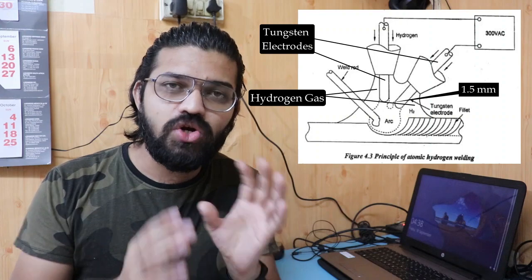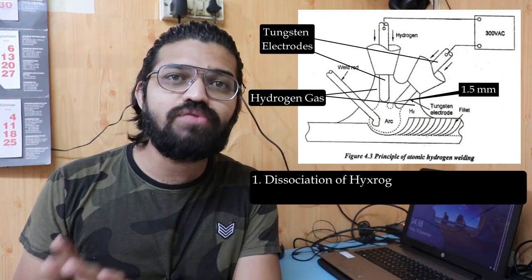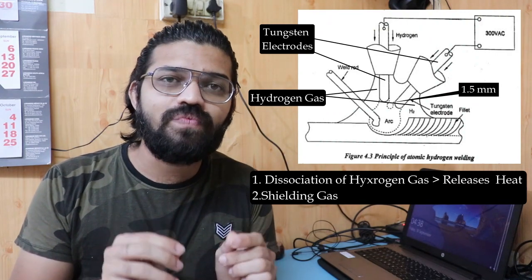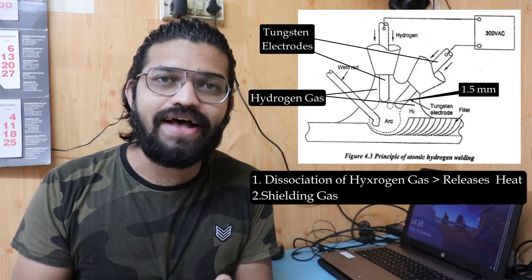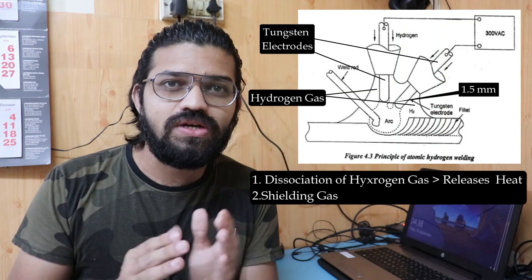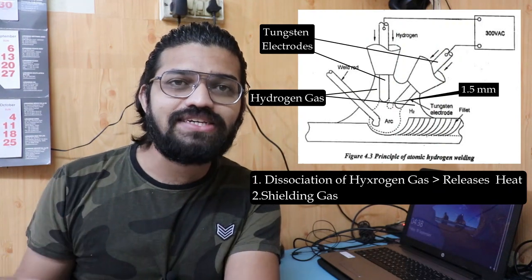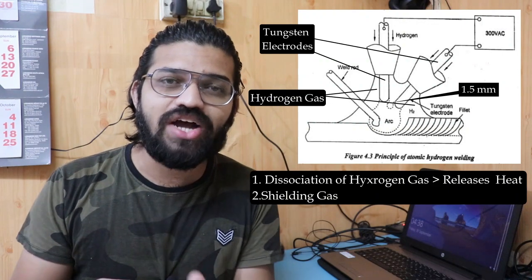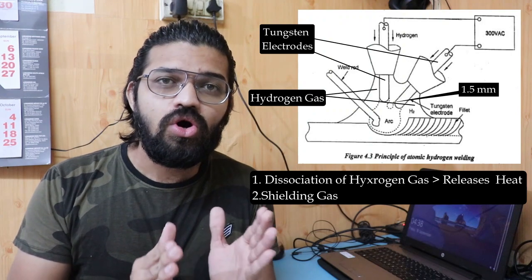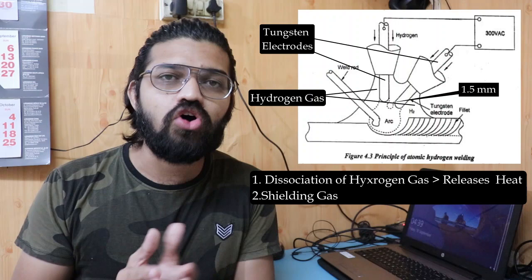Firstly, the hydrogen gas dissociates into the atomic form, which ultimately produces heat, and secondly, the hydrogen gas is also used as a shielding gas, so that during welding there won't be any chemical reaction with the outside atmospheric gases such as oxygen, nitrogen, etc. So there is no chance of formation of oxides.